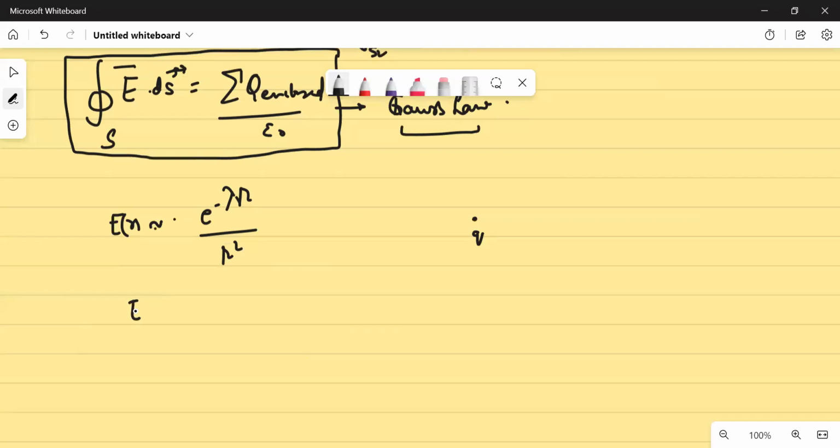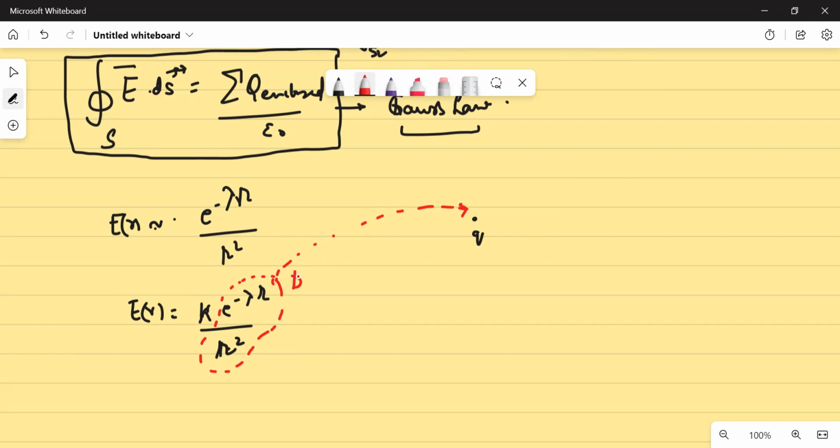Let us write kq and all those things as capital K, which is a constant here, and then you have e to the power minus lambda r upon r square. Just for convenience, I've written this as a constant. Overall, understand that if your electric field has this sort of dependence, e to the power minus lambda r upon r square, then does your Gauss law still stay valid in the original form?